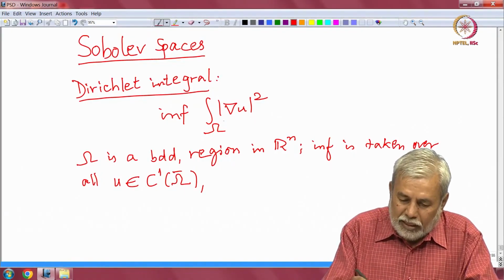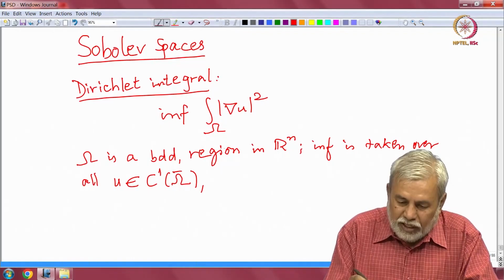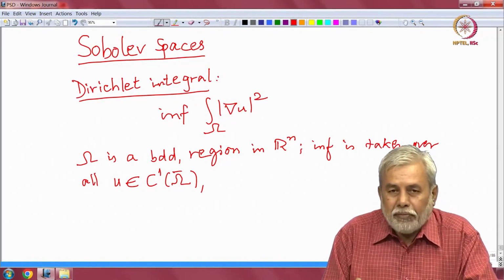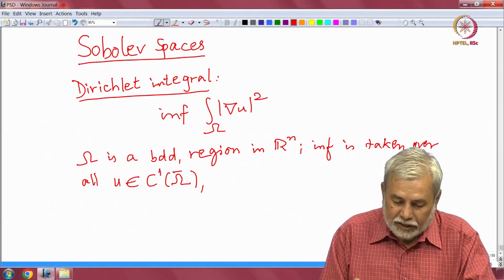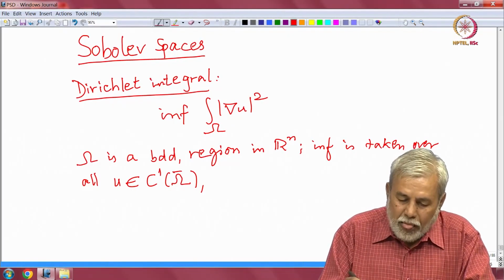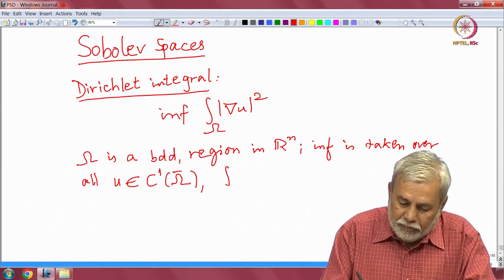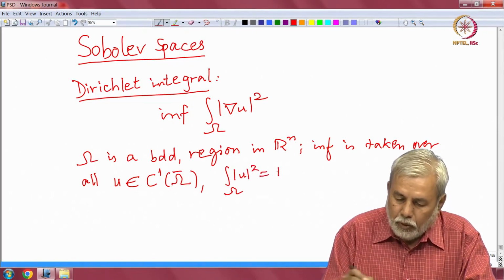For example, if I include constant functions, then this integral will be 0. Certainly the infimum is 0 and it's attained by any constant. So let's avoid that. To avoid that, I put this additional condition: the integral of u squared equal to 1.